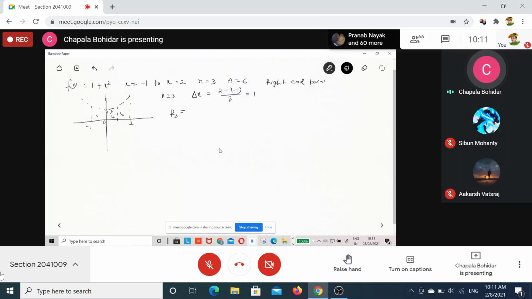What do you write down? 1 into f of 0, the right endpoint for this rectangle. If you draw the rectangles, it is like this. Right endpoints are 0, then 1, then 2: f of 0 plus f of 1 plus f of 2.